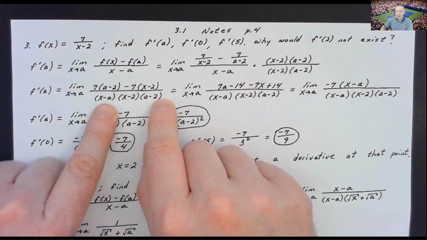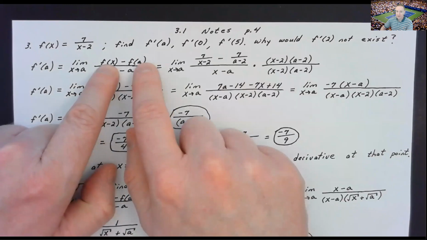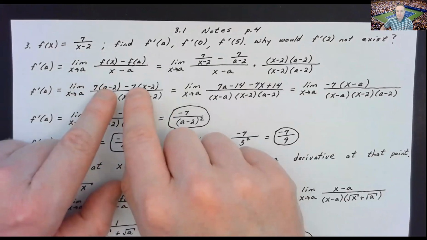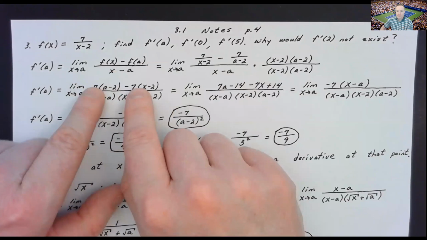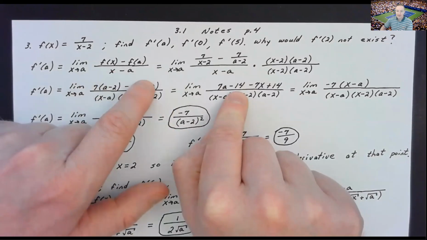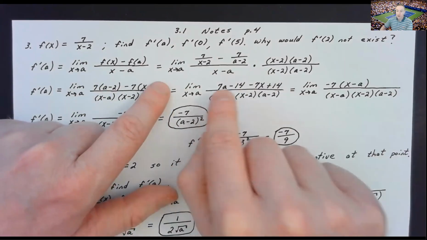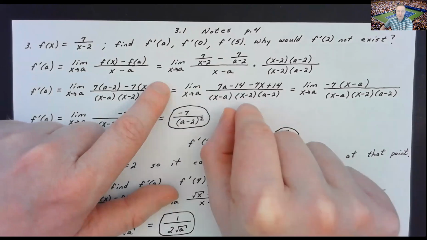Now, in the numerator, I know the terms of f of x and f of a should have some cancellation. So let's multiply out and see what happens. I distribute my numerator. I have 7a minus 14. Then I would have negative 7x plus 14. Please remember, terms always cancel, never combine.